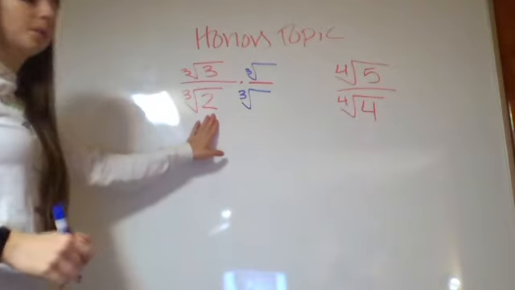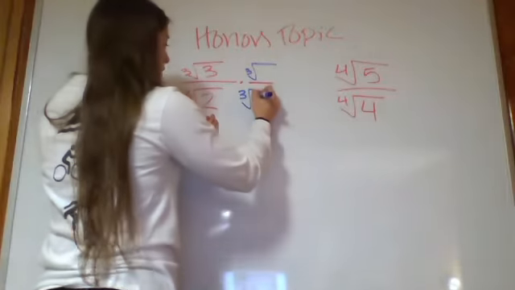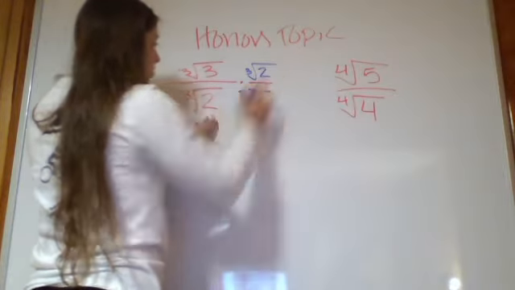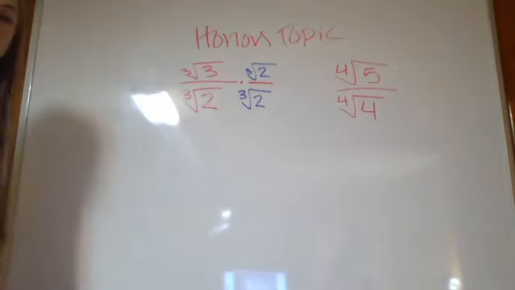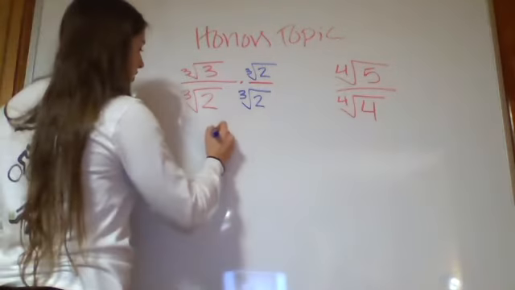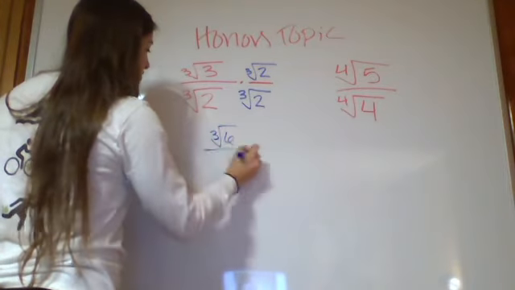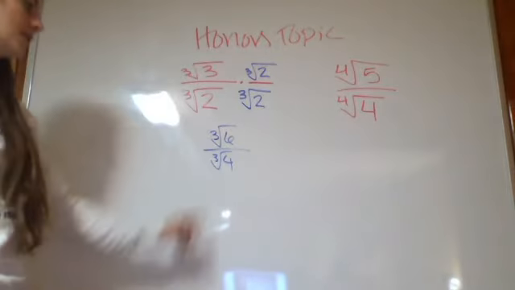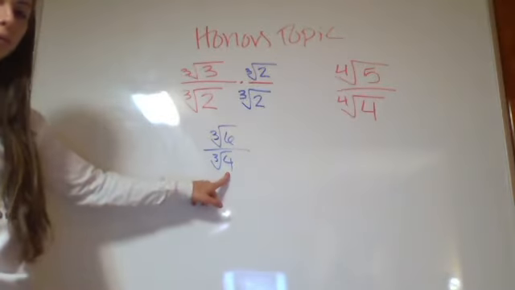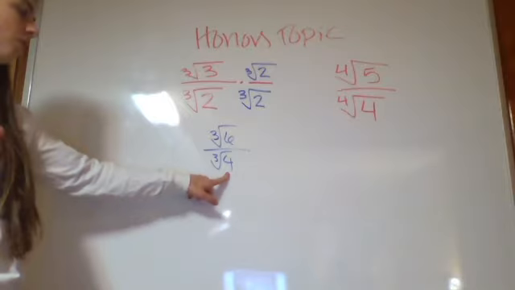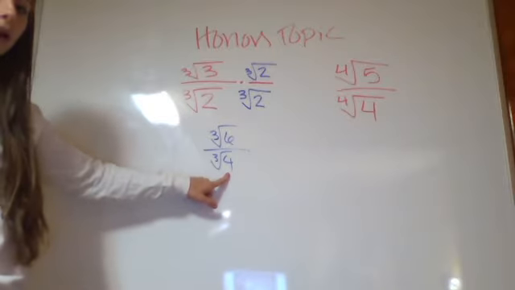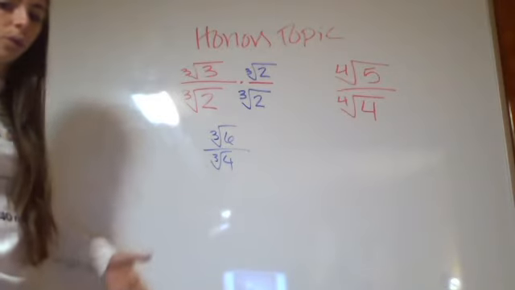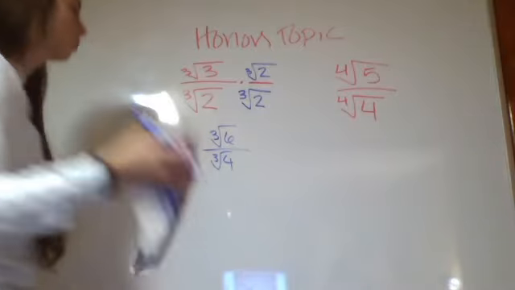So the most common mistake would be taking the cube root of 2 over the cube root of 2. If we did that, we would end up with the cube root of 6 over the cube root of 4. Now the issue with this is I still don't have a whole number cube root of 4. So that's not going to work. I can't do the cube root of just 2.